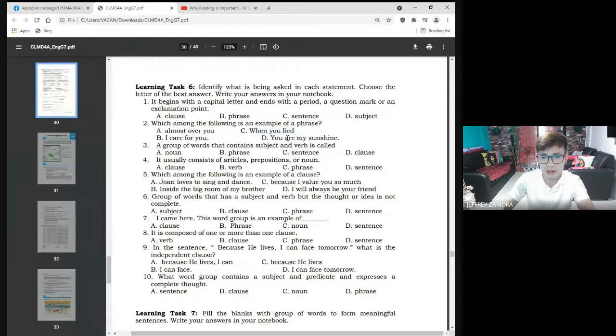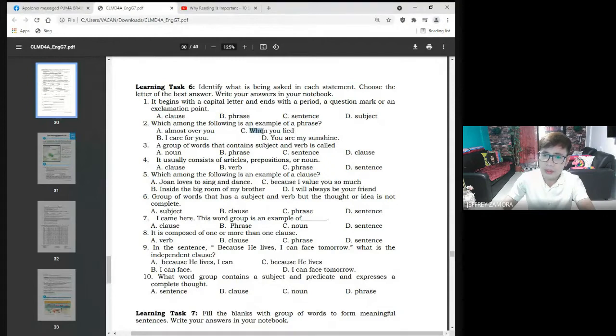If you answered "when you lied," that is a clause. Why? You is the subject, lied is a verb. The clause, for your information, has a subject and a verb. There is a simple subject and the simple predicate lied.